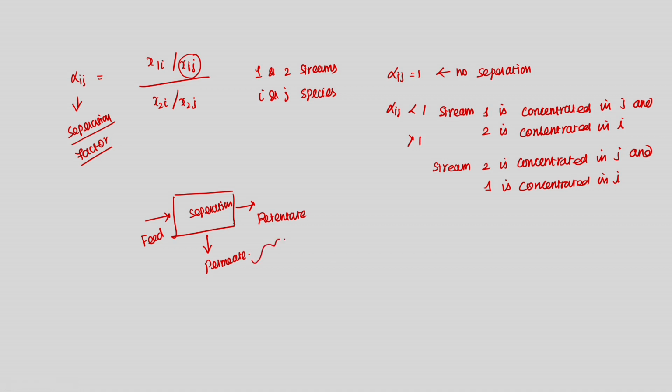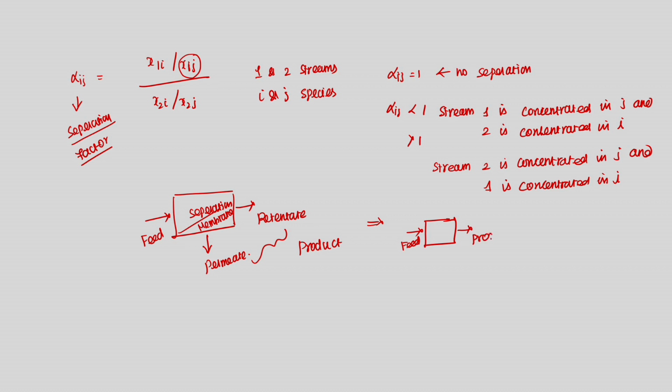Both of these we call products. This separation can be done using a membrane as well, or if you take any common processes. So, you have a membrane separation process, you have a feed, you have a product.